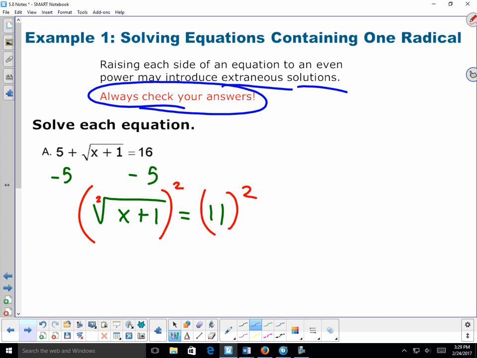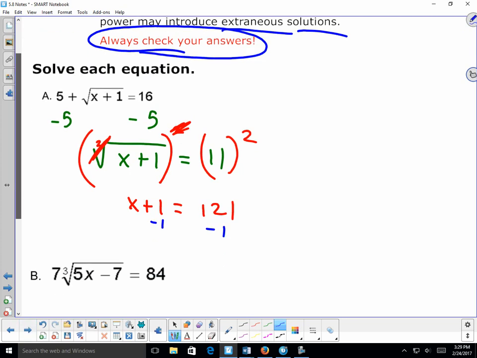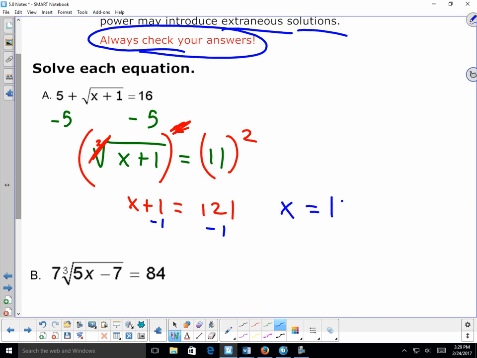The square rooting and the squaring cancel each other out, so we are left with x plus 1 equaling 11 squared, which is 121. I'm going to subtract 1 from both sides, and I get x is equal to 120.